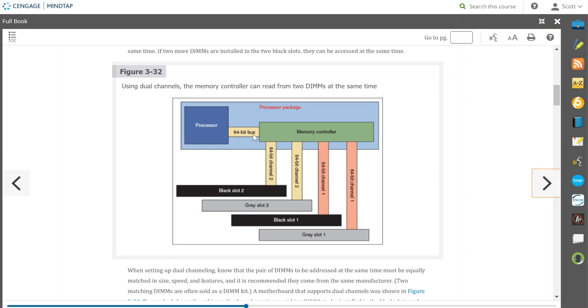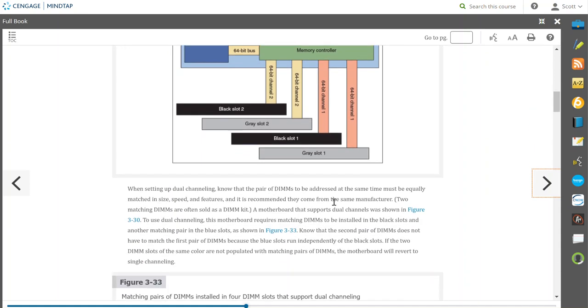It's communicating on that bus. We've got a memory controller. It's talking to the sticks of RAM. So we have channel 1 and channel 2. So we've got 64-bit channel 1 gray, 64-bit channel 1 black, channel 2 gray, channel 2 black.